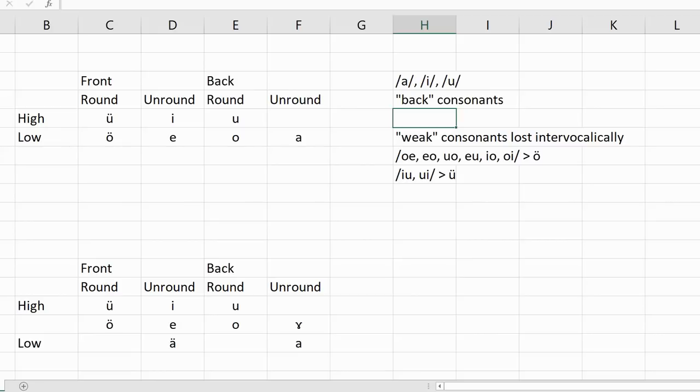So then we can introduce a change where vowels immediately following back consonants get lowered. So that then would give us, not much would happen to R because it's an already low back vowel, but E and U then would become E and O following back consonants.